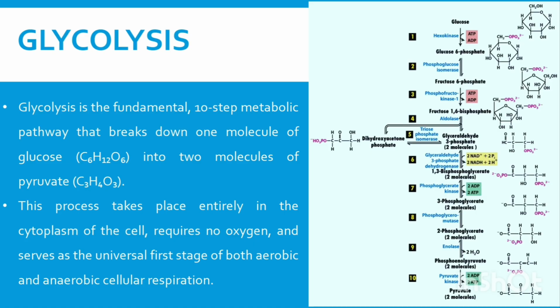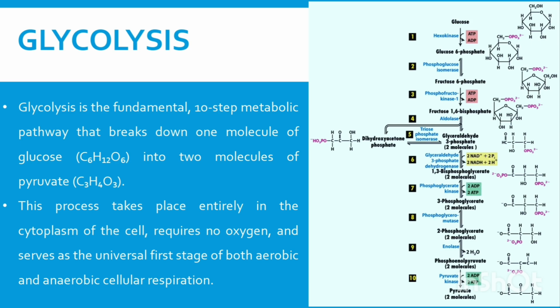This process entirely takes place in the cytoplasm of the cell, requires no oxygen, and serves as the universal first stage of both aerobic as well as anaerobic respiration. This glycolysis process is otherwise known as the EMP pathway or Embden-Meyerhof-Parnas pathway, who had a major contribution towards elucidation of this path of glycolysis.